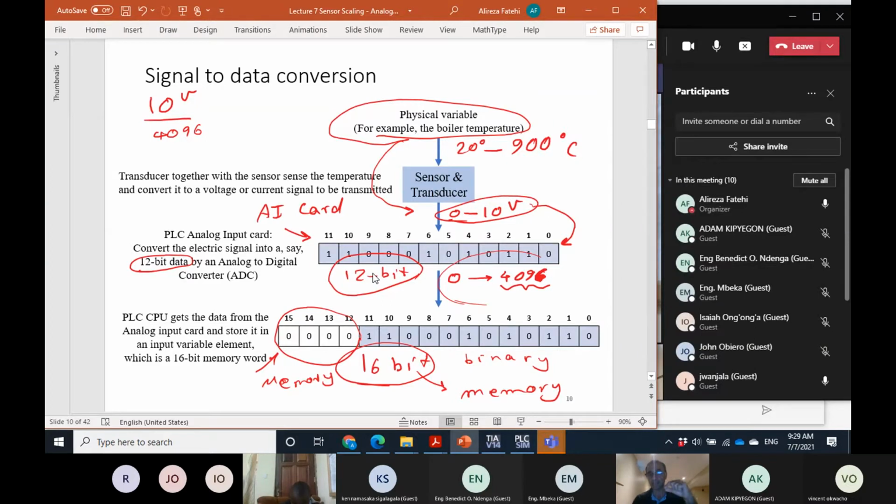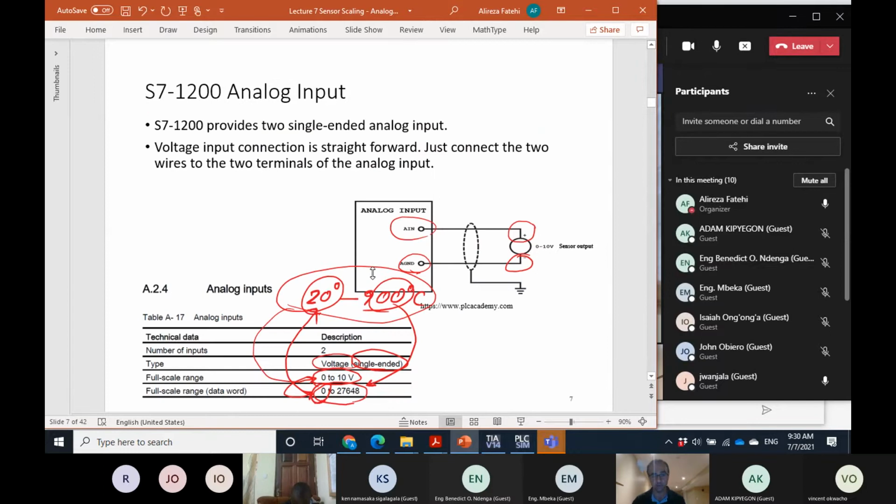For this PLC, the PLC that we are using, the quantization error is 10 volt divided by 27,648. Very, very small.